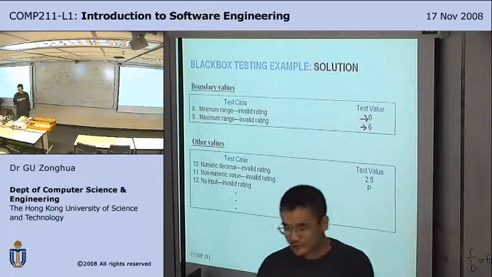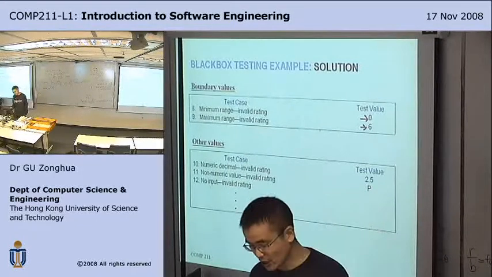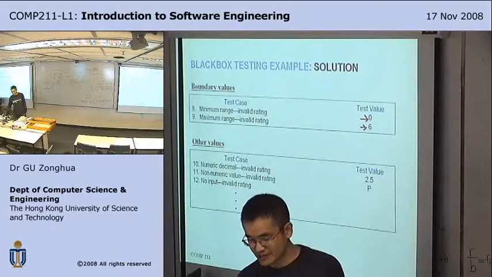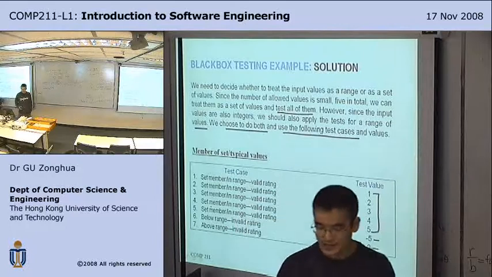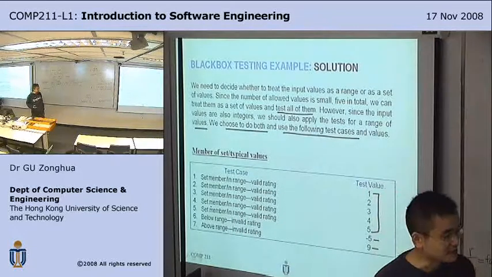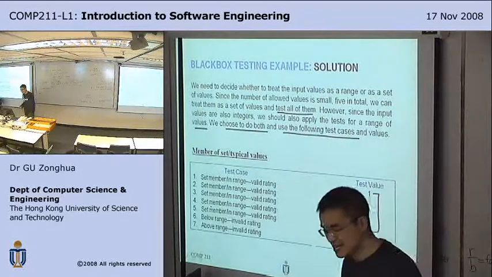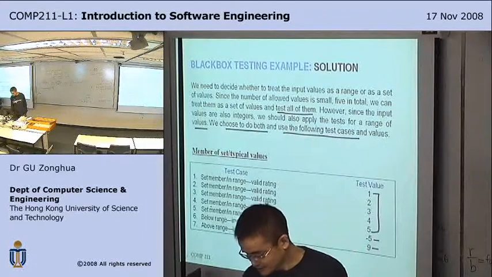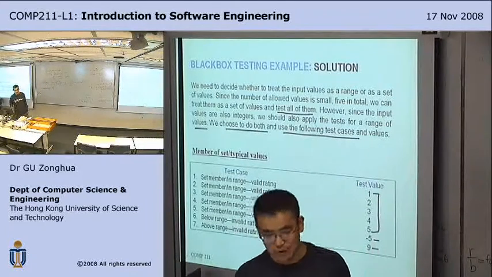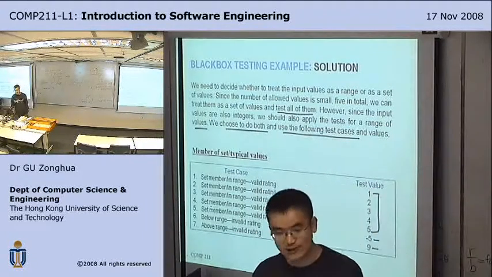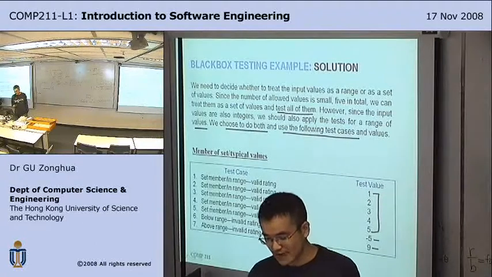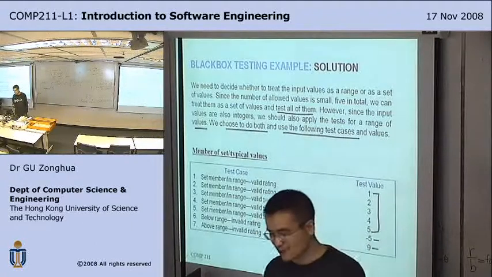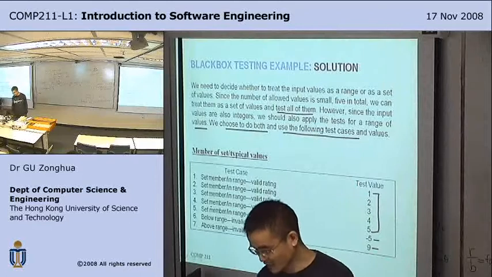Then it's not possible at all to pass in any non-valid inputs, and all these invalid ratings below and above range, these tests will automatically be satisfied. So a good design practice is to catch the error as early as possible and try to propagate only valid inputs from the graphical user interface down to the lower level of the code.